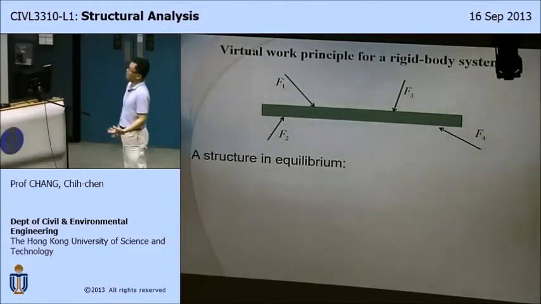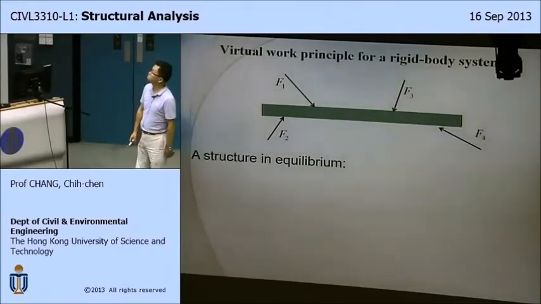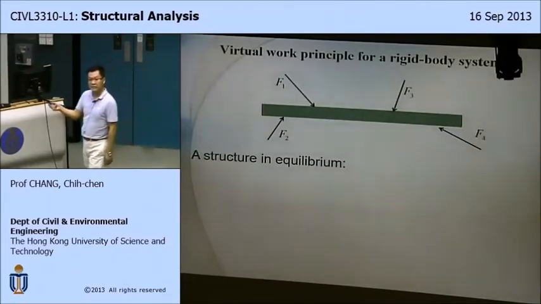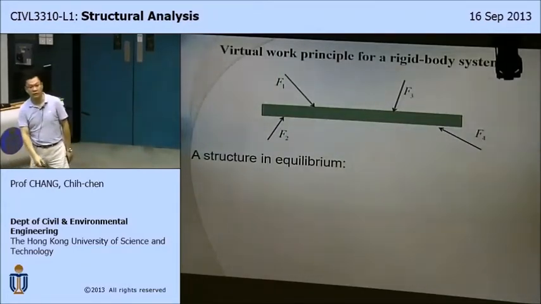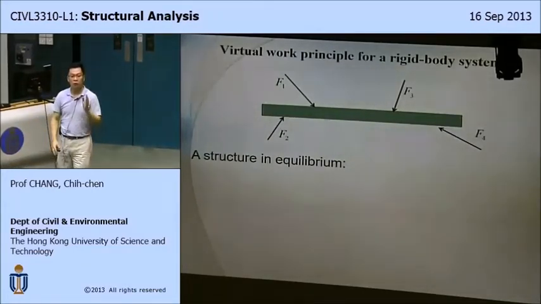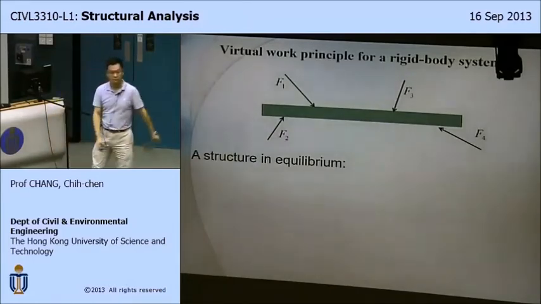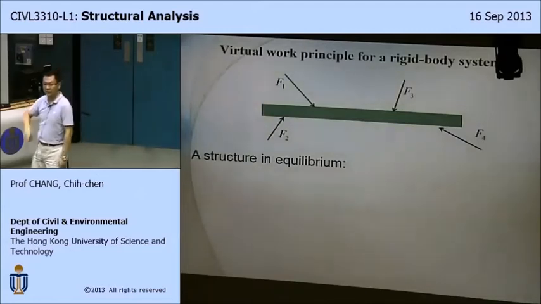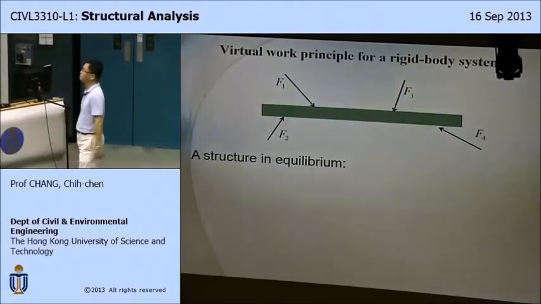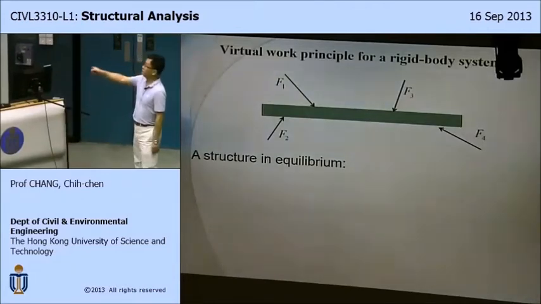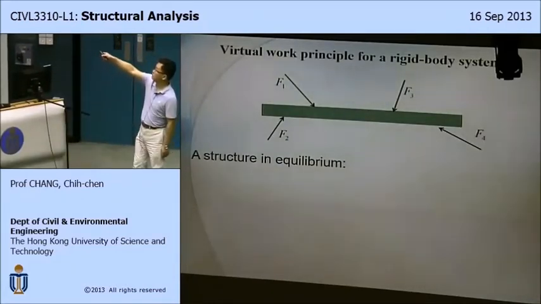Okay, so let's look at what the virtual work principle is now. I'm discussing a special case, called the virtual work principle for a rigid body system. Whether you get this chapter or not depends on this, so be careful. We're discussing only this one special case.